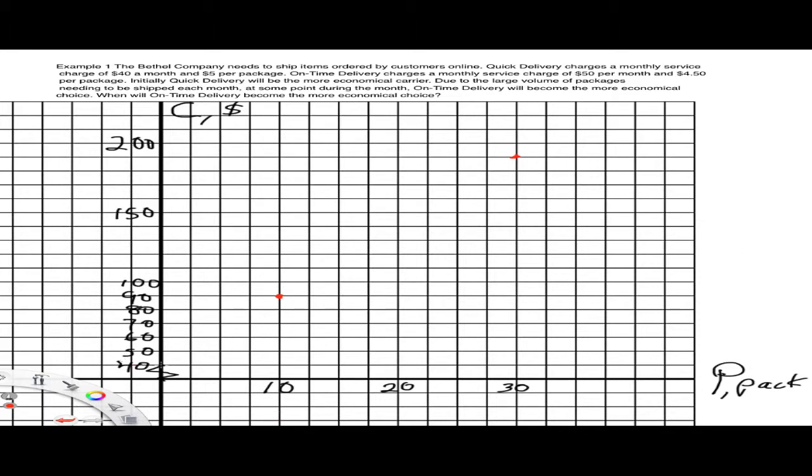Let's go ahead and draw our line and see if things fall into place here. And indeed, I've got my line. It continues on forever. And this was for quick. Okay, we've got quick done.